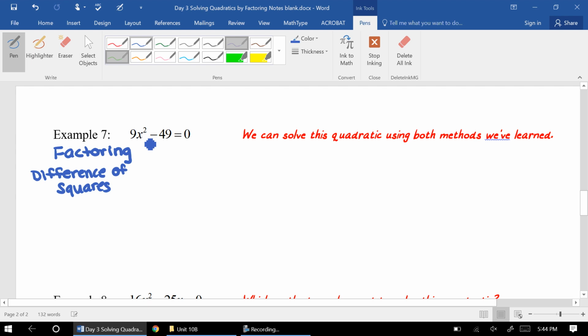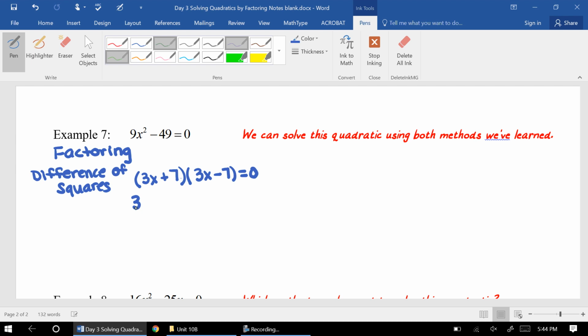Where basically I'm taking the square root of the first term, so the square root of 9 is 3, and the square root of the last term, which is 7, and I'm going to have one quantity that is 3x plus 7, and the second quantity, which is 3x minus 7. Now I can use my zero product property and set each quantity equal to 0 and solve them separately.